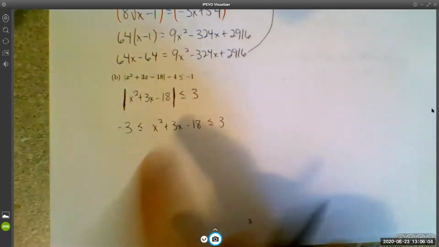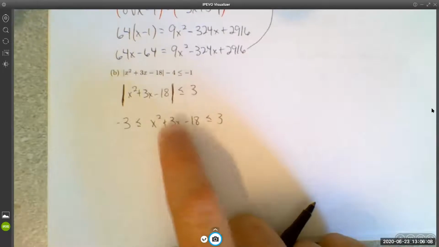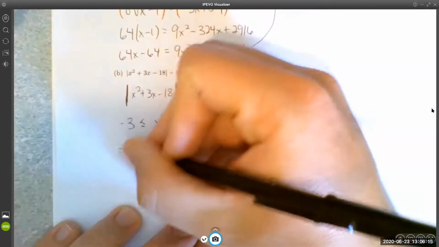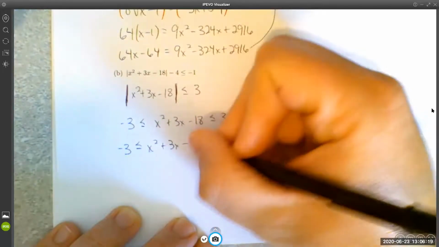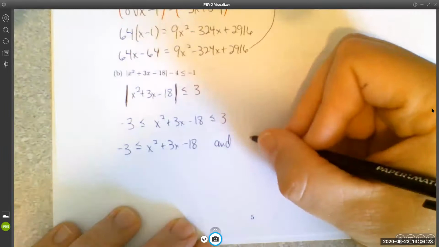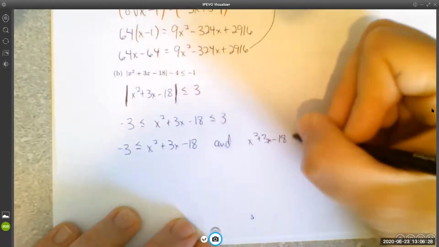Now, to solve this is a little tricky. What I'm going to do is split this up into 2 inequalities. Remember that this is an AND inequality. So this is like saying -3 is less than or equal to x squared plus 3x minus 18, and that x squared plus 3x minus 18 is less than or equal to 3.